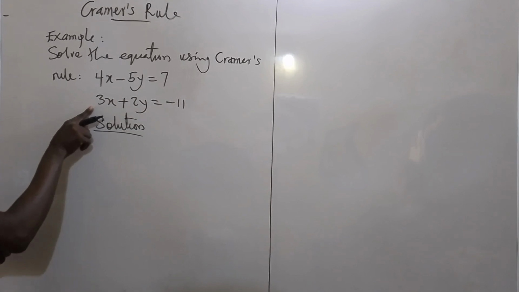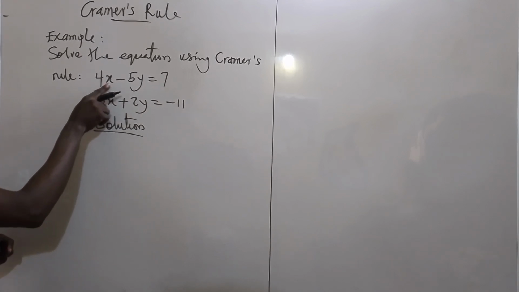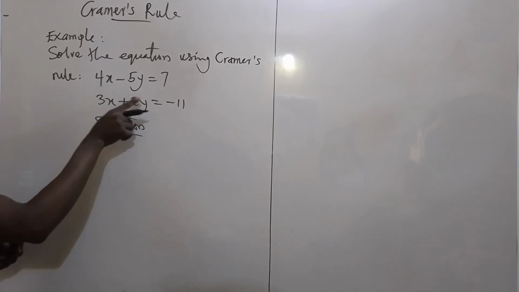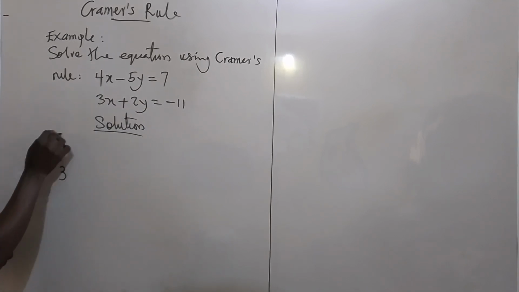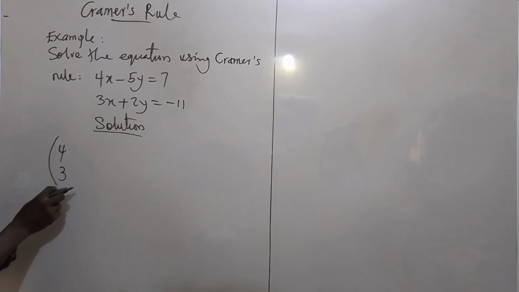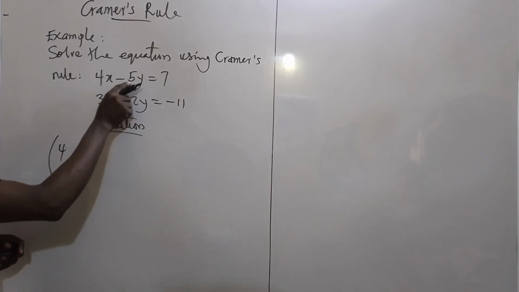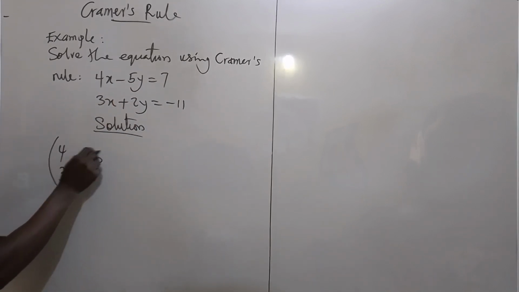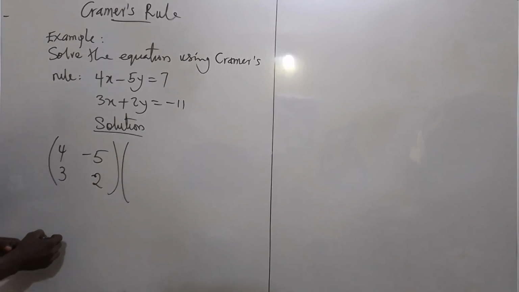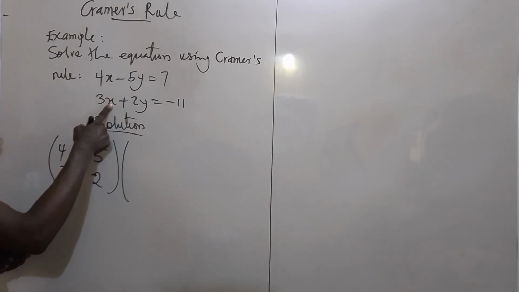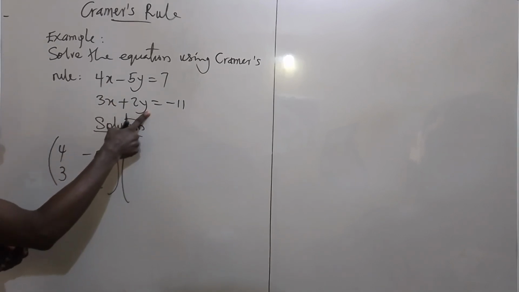We get the matrix of the coefficients of x first in the 2 equations. We have 4, 3 here. Then the coefficients of y, minus 5 and 2. Then the matrix of the variables. x comes first, followed by y.